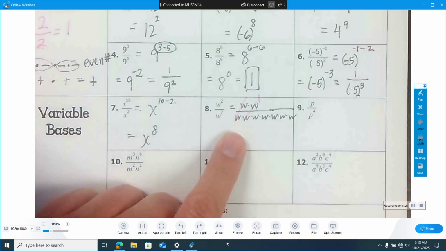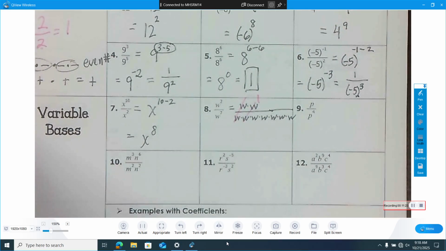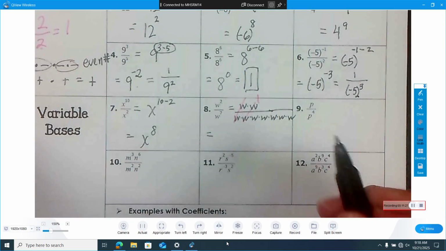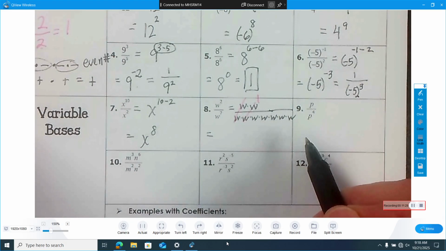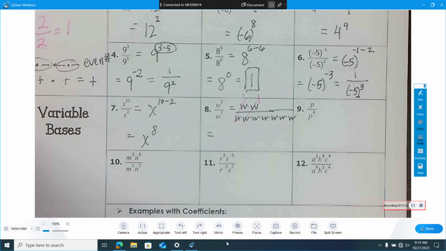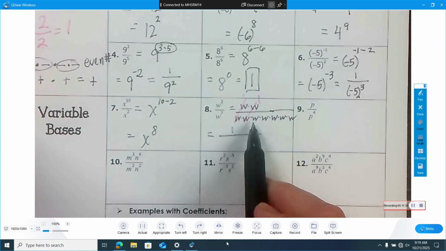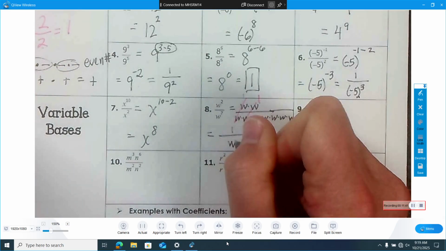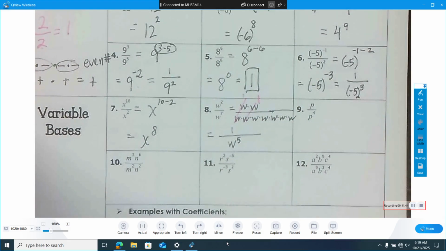They reduce to ones, and so what do I end up with? What's in the numerator? A 1. Everything cancels out and reduces to 1. So there's a 1 upstairs in the numerator. And what do we get in the denominator? W to the 5th. Okay?